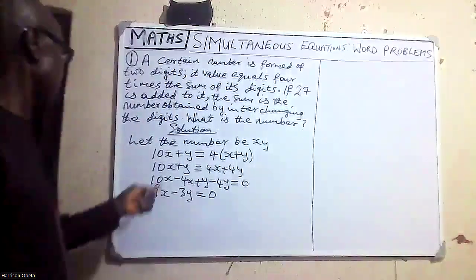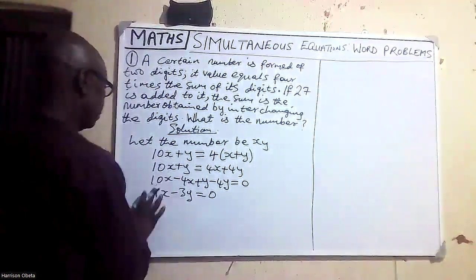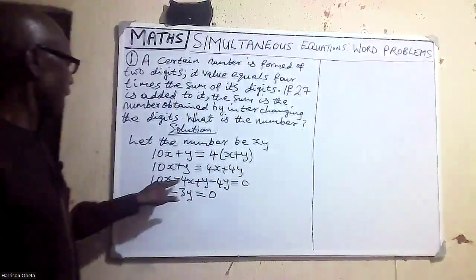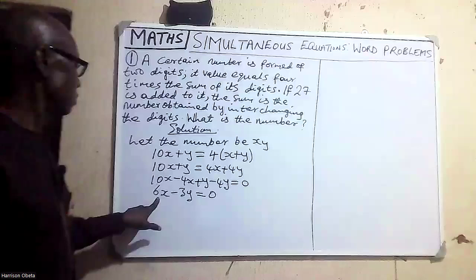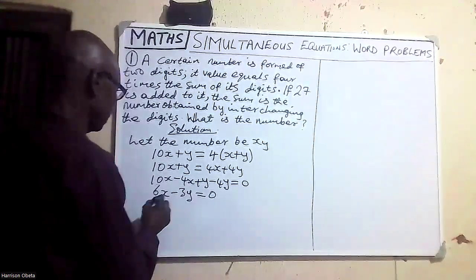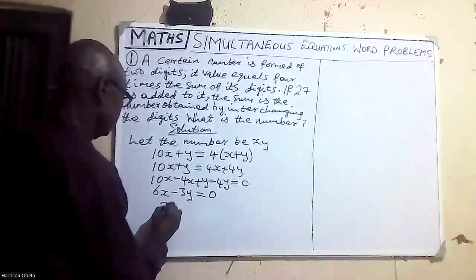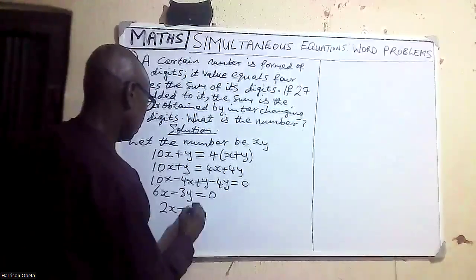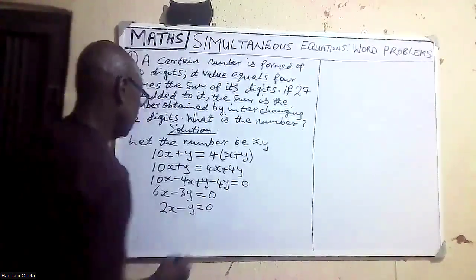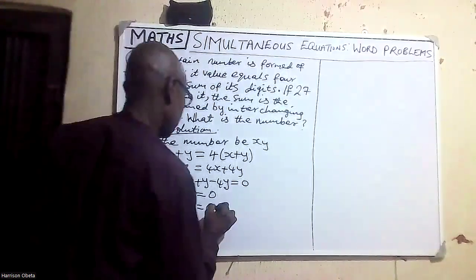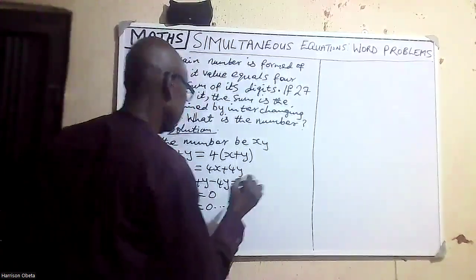Sorry, this one should be 6x, not 4. That's 10 minus this 4, and this and this will give us 3. You break it down further, dividing through by 3, you have 2x minus y equal to 0. So we can call this equation 1.